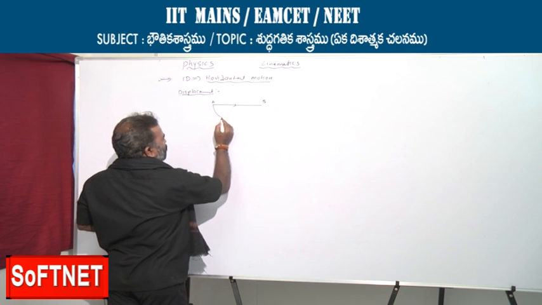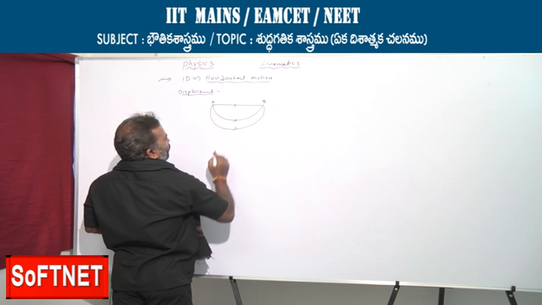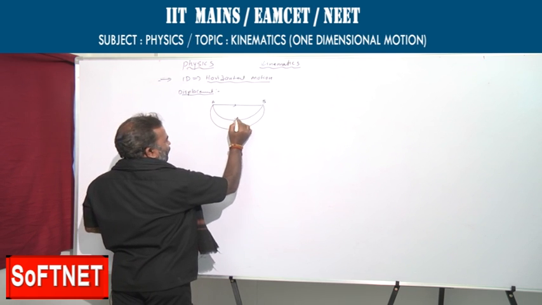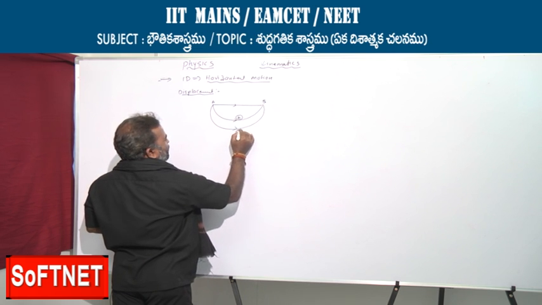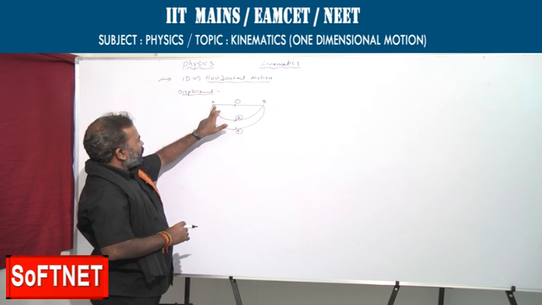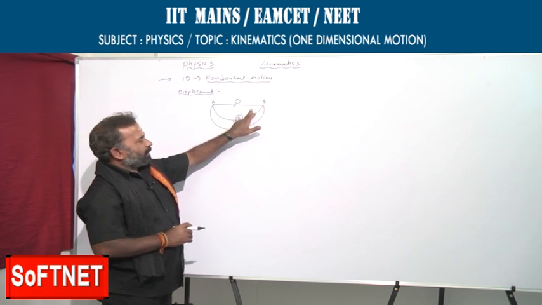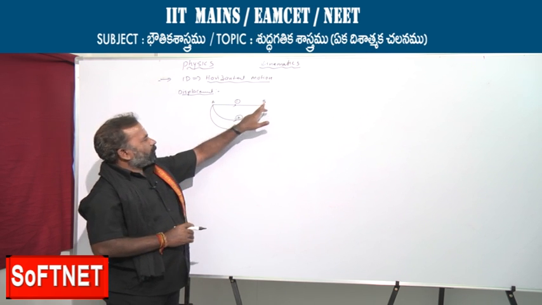If it moves in a different line from A to B, then curve 2, curve 3 is distance. Curve 1 is displacement. Displacement means it should be a straight line from initial point A to final point B.